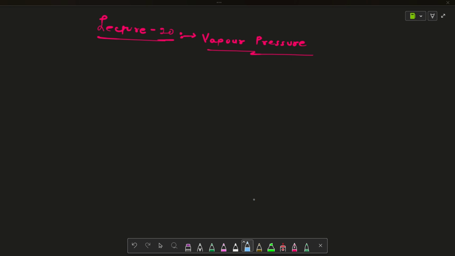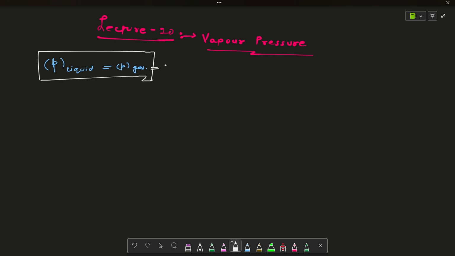That means, for instance, when the pressure of the liquid part of the fluid and the pressure of the gaseous part of the fluid become equal, that pressure is known as vapor pressure, and this should be equal to PV. So for any fluid, when the pressure of the liquid and the pressure of the gas become equal, it is known as vapor pressure, right?